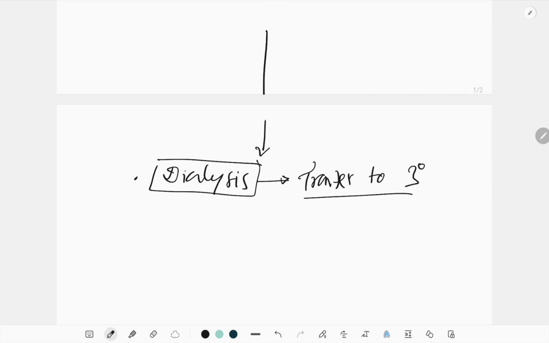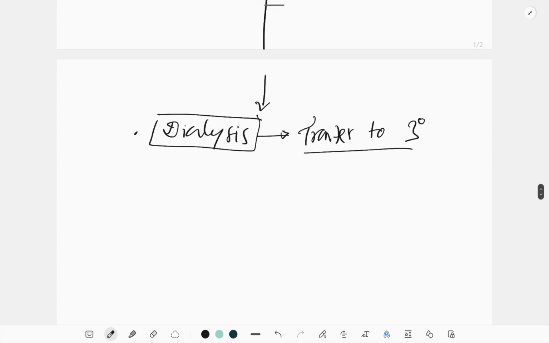Before approaching dialysis, we must start some treatment. So what is the treatment? Number 1, IV calcium gluconate, 10 ml of 10%, over 10 minutes, the 10-minute rule of 10.